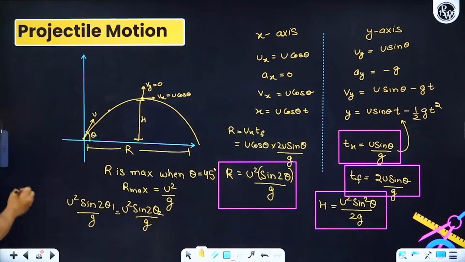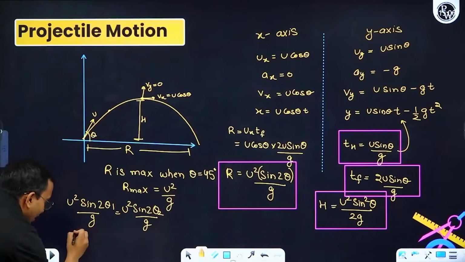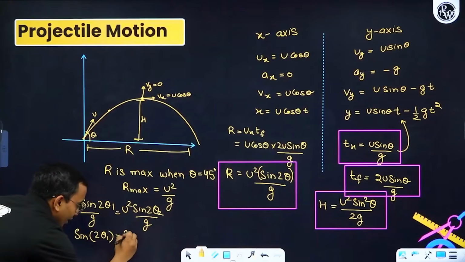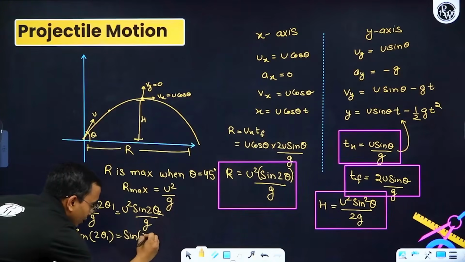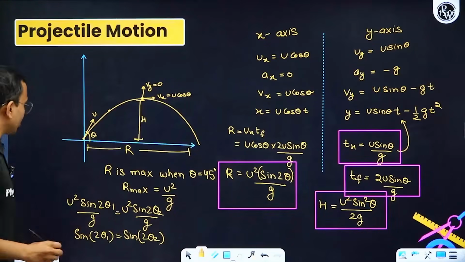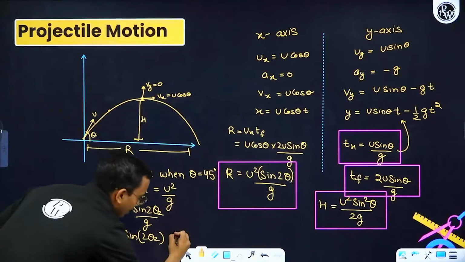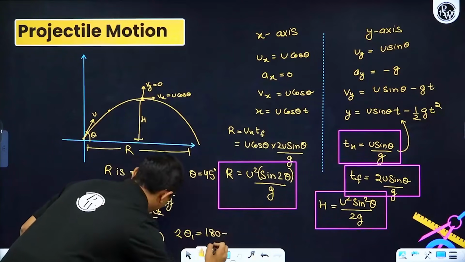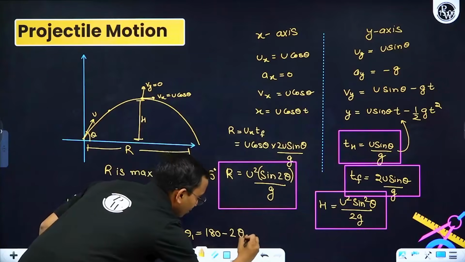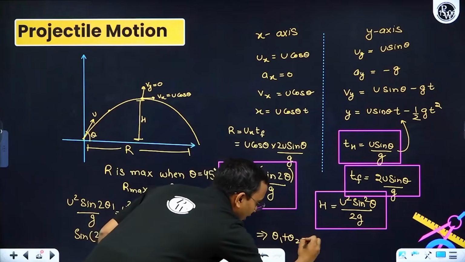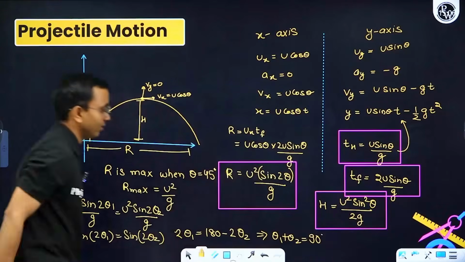So I'll say sine 2 theta 1 is equals to sine 2 theta 2, and we know that sine theta is sine 180 minus theta. So 2 theta 1 is 180 minus 2 theta 2. So from here I got theta 1 plus theta 2 is equals to 90.